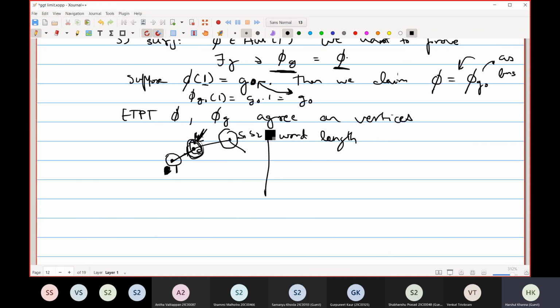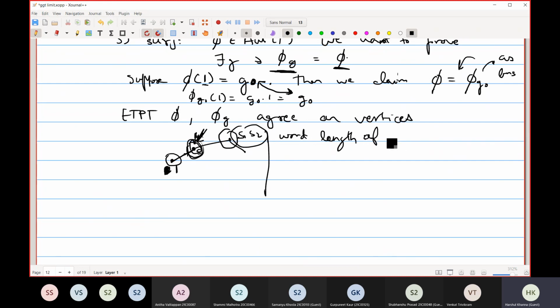Once we have one way, say an algebraic way of doing it, we can translate it to a geometric way, and if you have a geometric way of doing it, you can translate it to the algebraic way. So how do I define word length? What is s1 s2, for example, here?